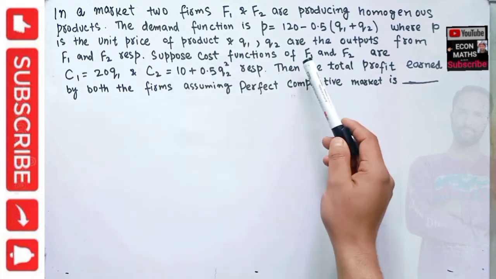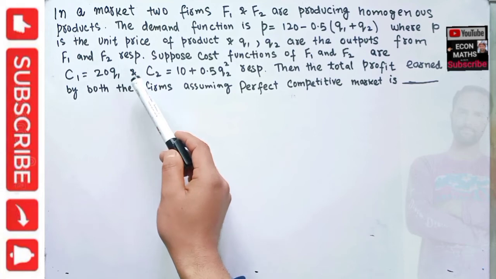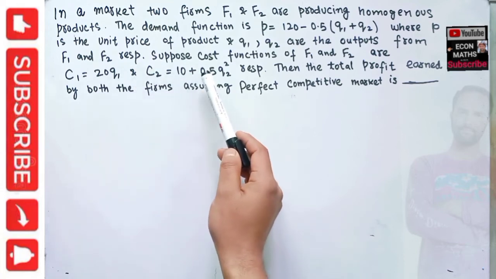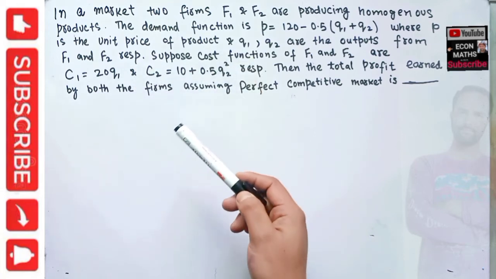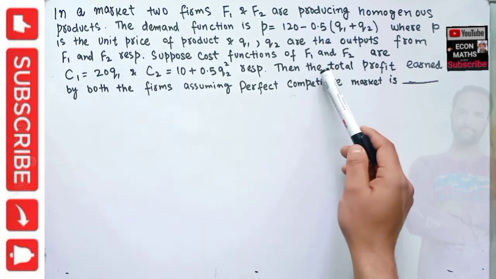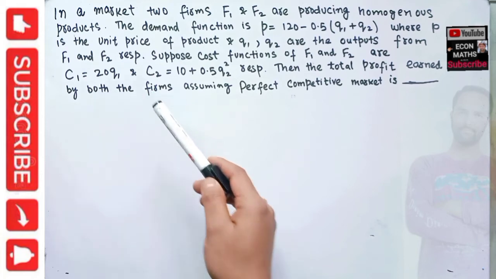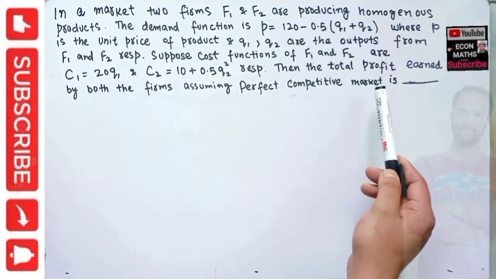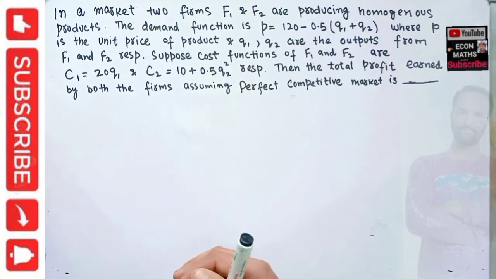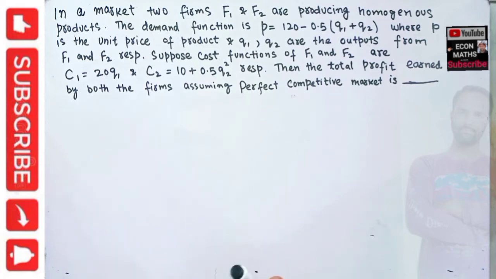Suppose cost functions of F1 and F2 are C1 equals 20 Q1 and C2 equals 10 plus 0.5 Q2 squared respectively. Then we need to find the total profit earned by both firms, assuming a perfectly competitive market.